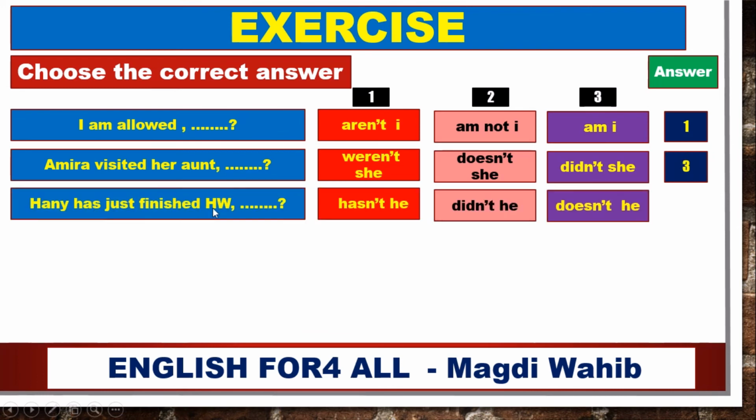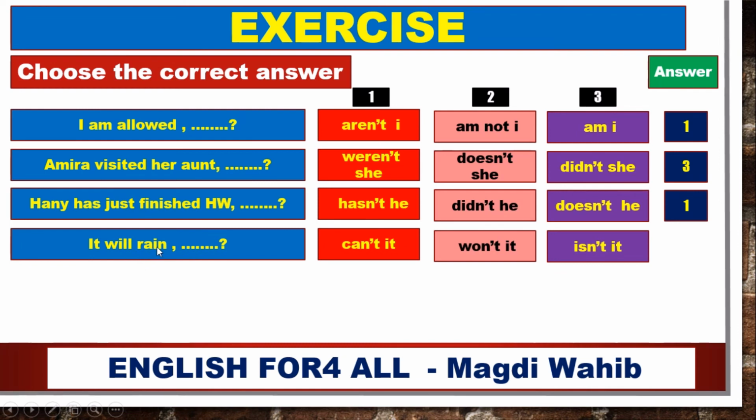Hani has just finished his homework. Has finished, present perfect, so we are going to use has in the negative form. Hani has just finished his homework. Hasn't he? Right.